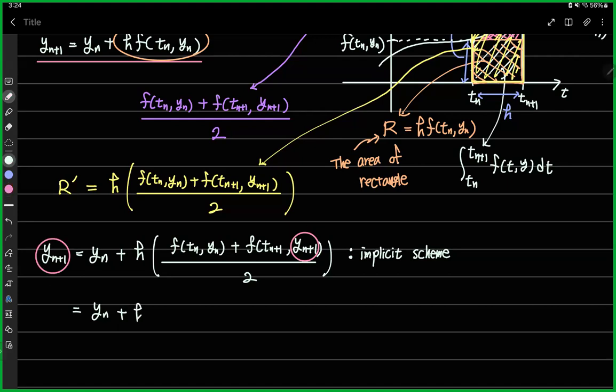Then we get h y sub n plus h times f of t n comma y sub n plus f of t n plus 1. Why is t sub n plus 1 what? It is also t sub n plus h, right? Comma y sub n plus 1 is y sub n plus h times f of t sub n comma y sub n over 2.